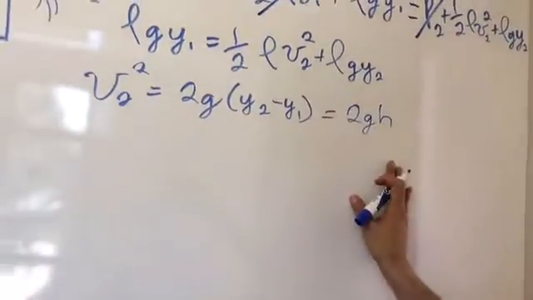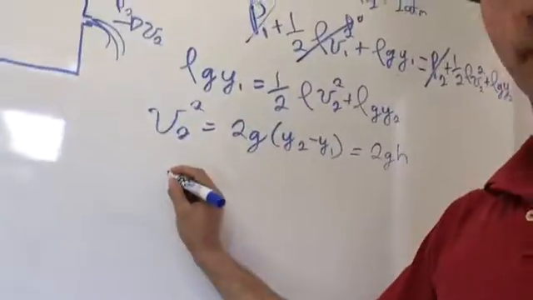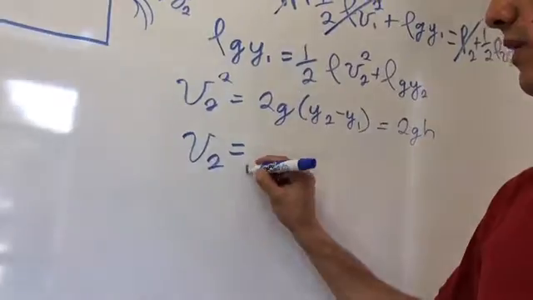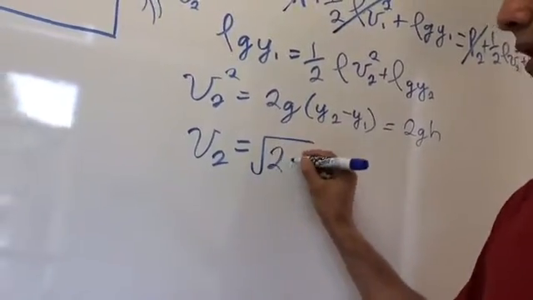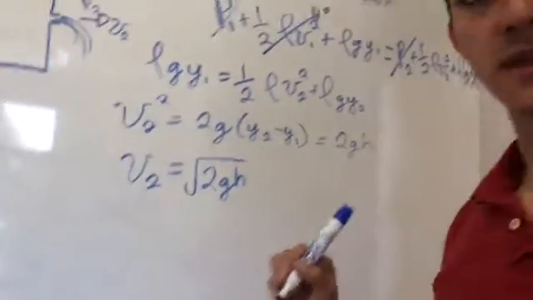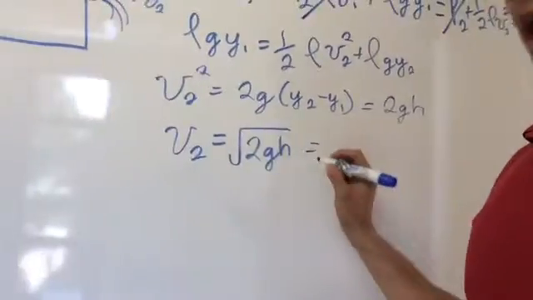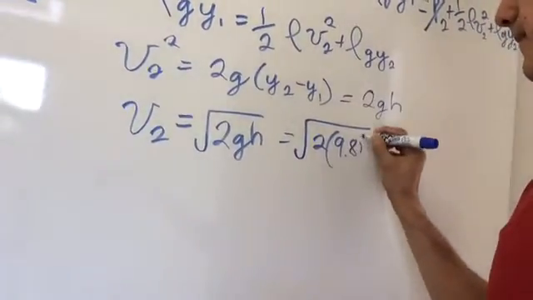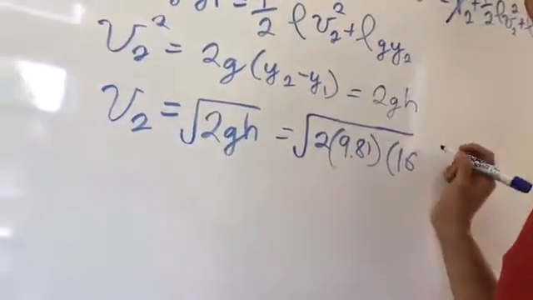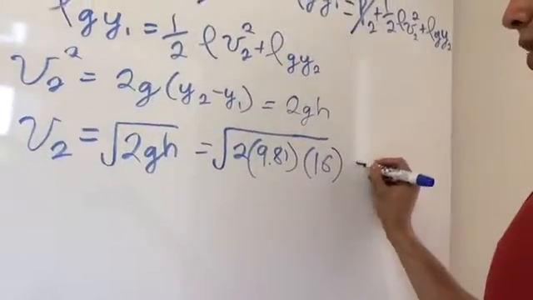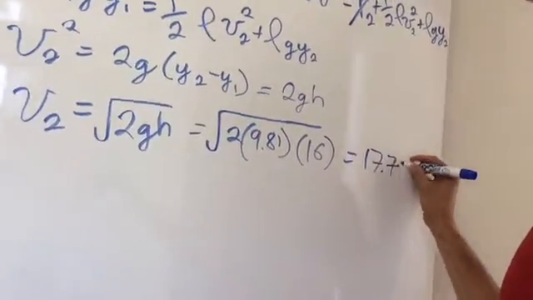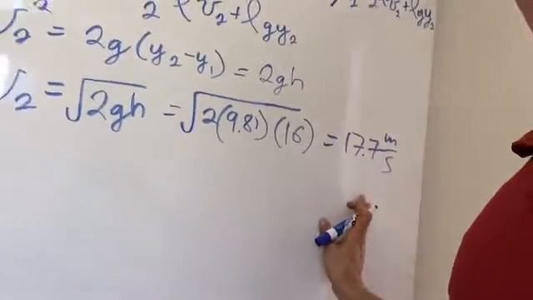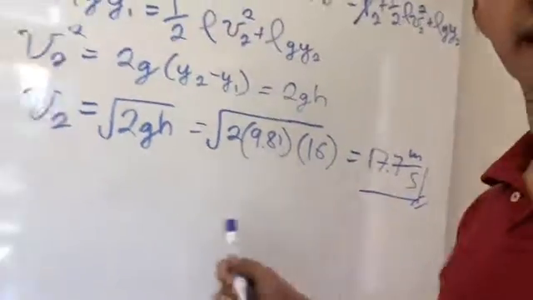So velocity 2 equals the square root of 2g times h, which is 2 times gravity times 16, and this equals 17.7 meters per second. This is velocity 2.